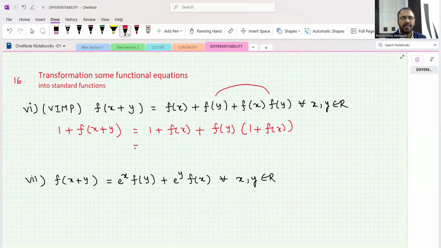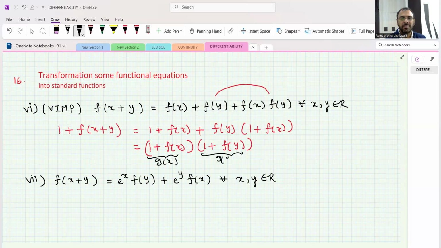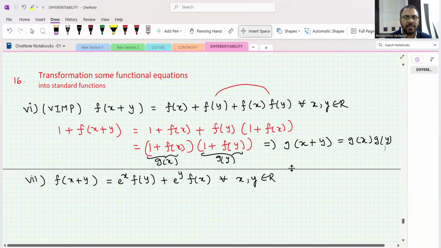So I can write 1 plus f of x into 1 plus f of y. If you assume this is g of x, and this becomes g of y, we get g of x plus y is equal to g of x into g of y. Now what is the function satisfying this? In this way, you must be able to solve the rest of the equations. I won't solve all the equations.